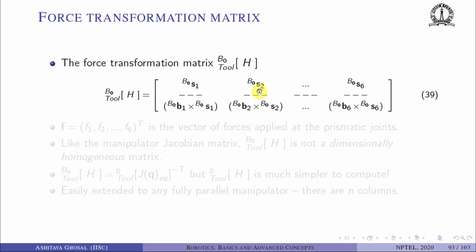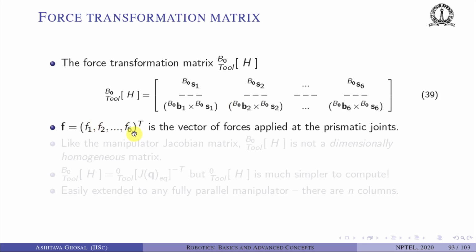The second column is the second unit vector along the second leg and its moment, and so on till the sixth unit vector along the sixth leg and its moment. In a Stewart-Gough platform there are 6 legs, so the H matrix consists of these 6 column vectors, multiplied by F, which is F1 through F6.